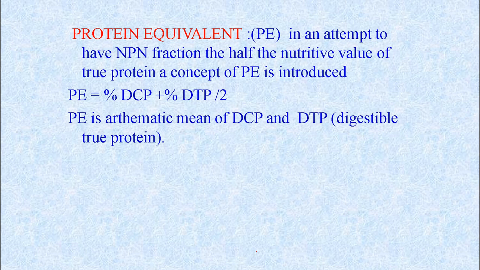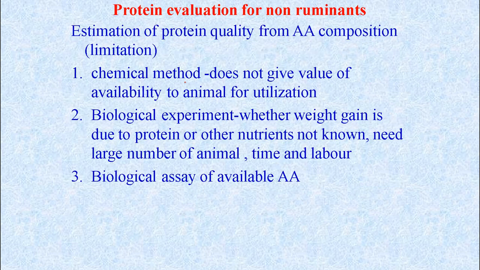It is percent DCP plus percent DTP divided by 2. Here PE means protein equivalent, DCP is digestible crude protein, and DTP means digestible true protein. So this is the formula by which the protein equivalent is calculated.